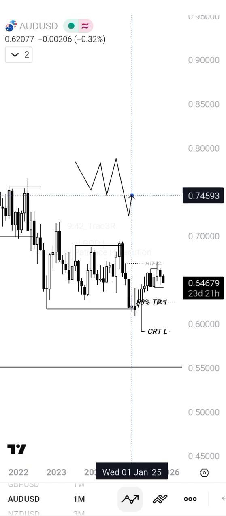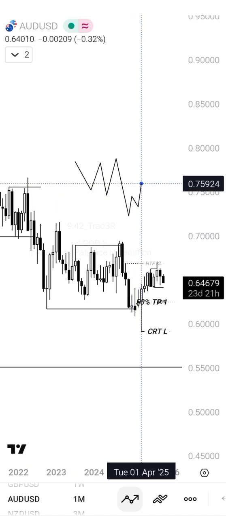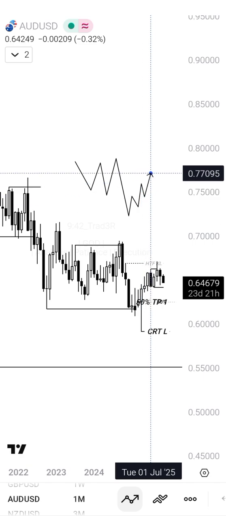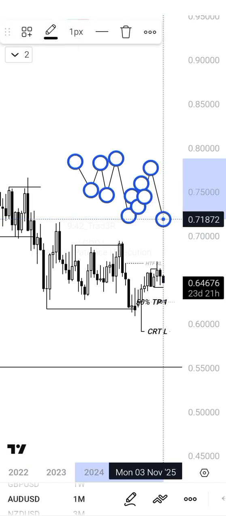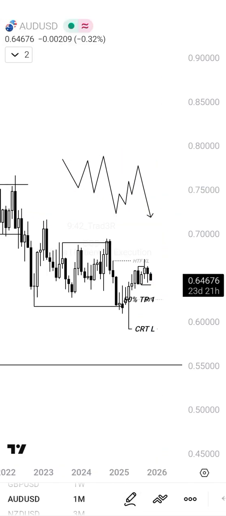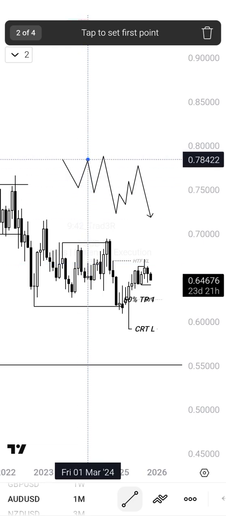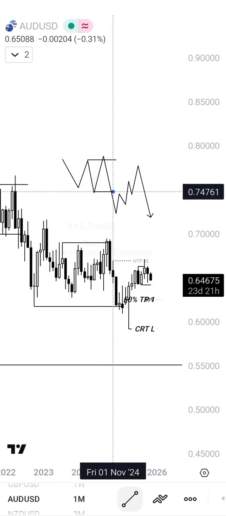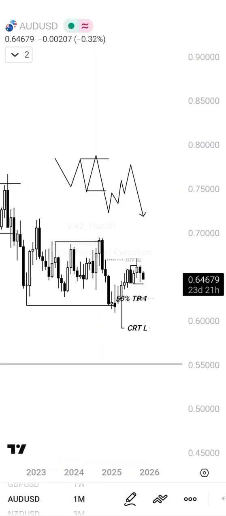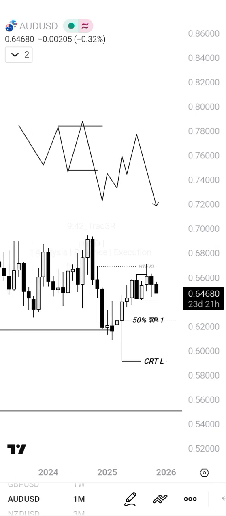Then when price retraces back into the structure like this to the premium point, I'm looking to catch the next swing. So if you look at this thing I drew here and relate it to the ADUSD chart, you can see similarities in the structure right here.